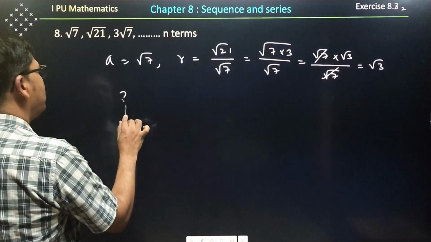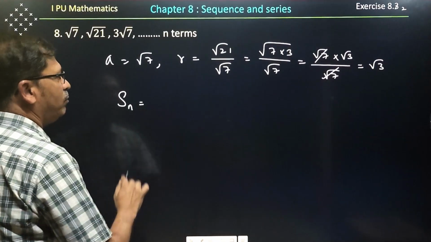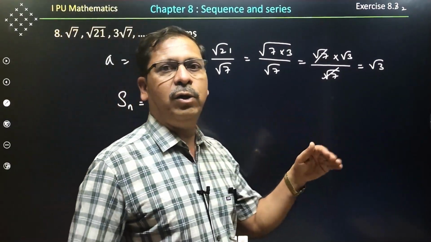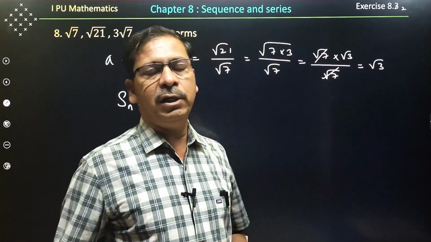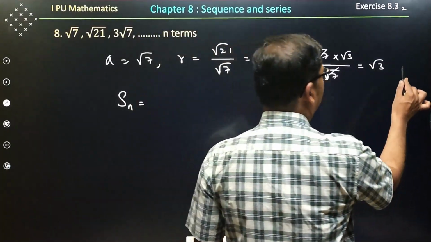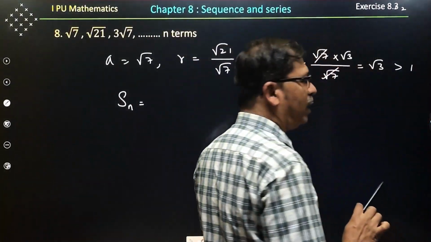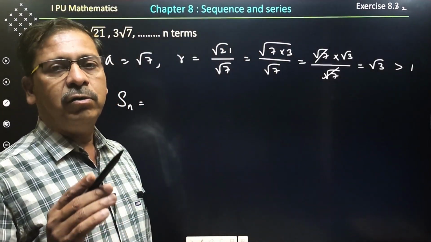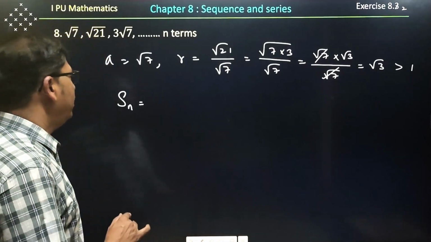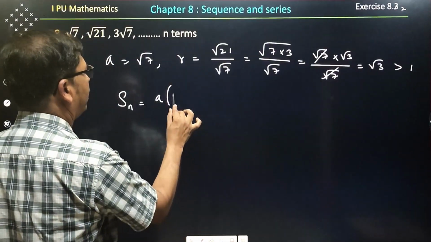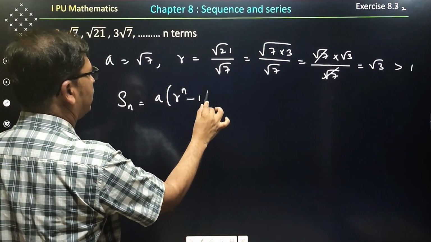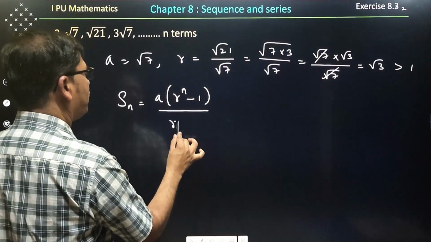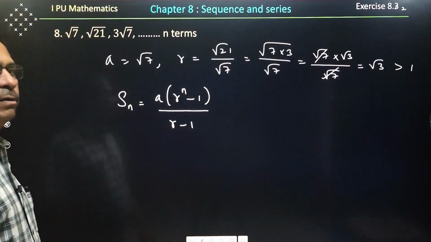So sum to n terms is given by the formula Sn is equal to, one more information, root 3 value 1.73 something you will get here. This is definitely greater than 1 here. So when the value of r is greater than 1, you have to choose the formula wisely, that is a into bracket r raised to n minus 1 divided by r minus 1. So this is the concerned formula here.